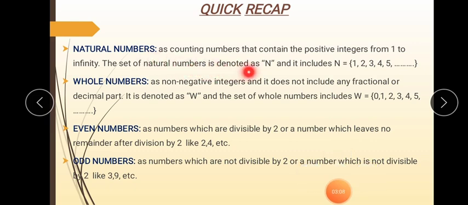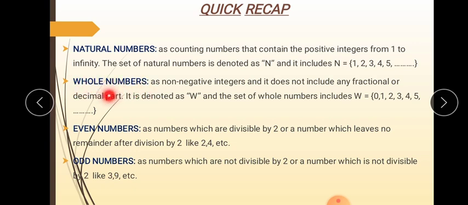Natural numbers are denoted by capital letter N, and it includes all numbers as we can see here: 1, 2, 3, 4 and dot dot. Dot dot means it will extend up to infinity. So all these numbers will be comprising in a set which is known as natural numbers and denoted by N.